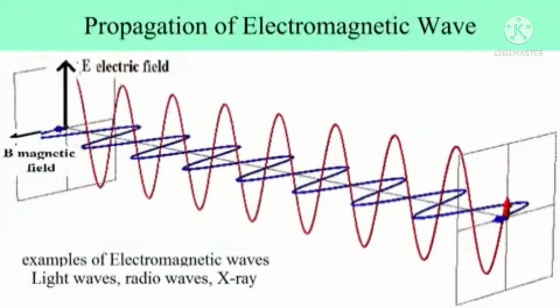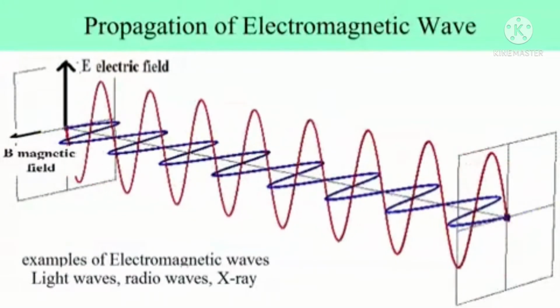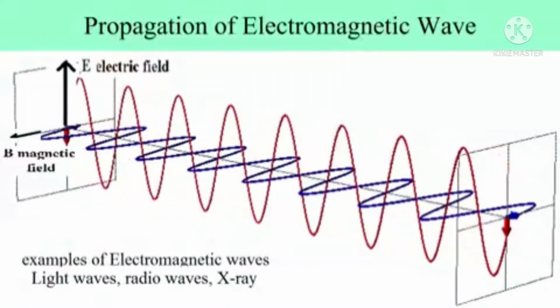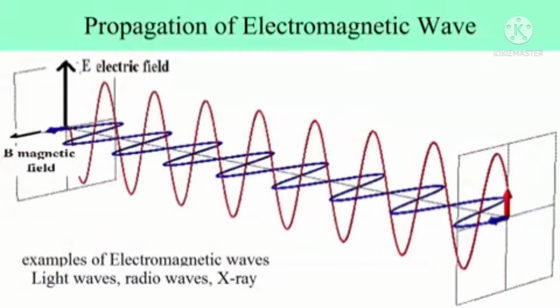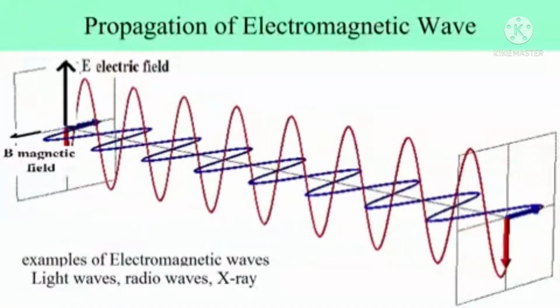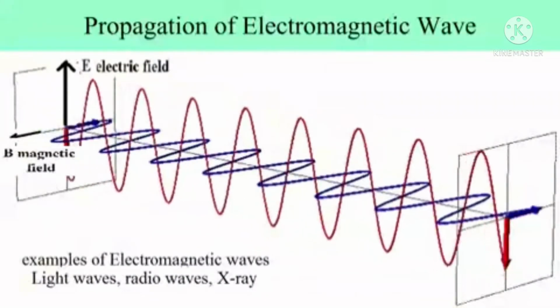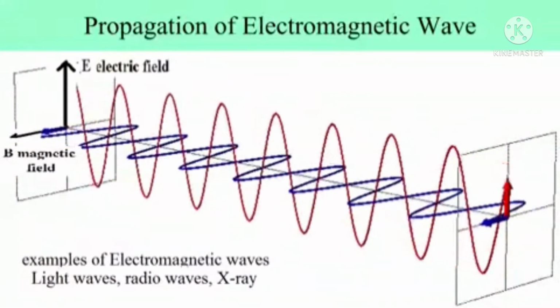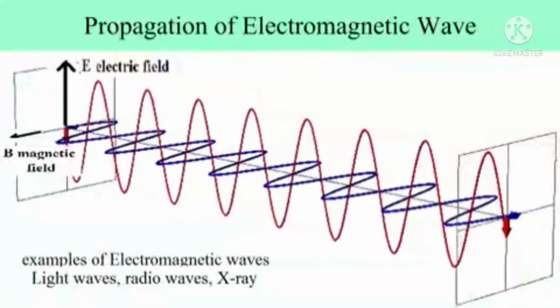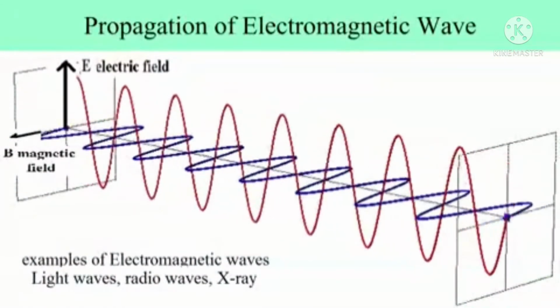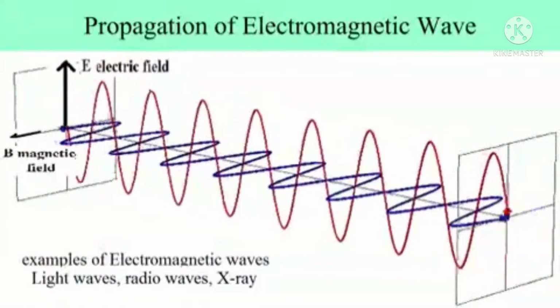Light wave from the sun travels through vacuum as well as air medium and then reaches the earth surface. That means these light waves travel through vacuum as well as through air medium. Therefore, light waves are examples of electromagnetic waves.